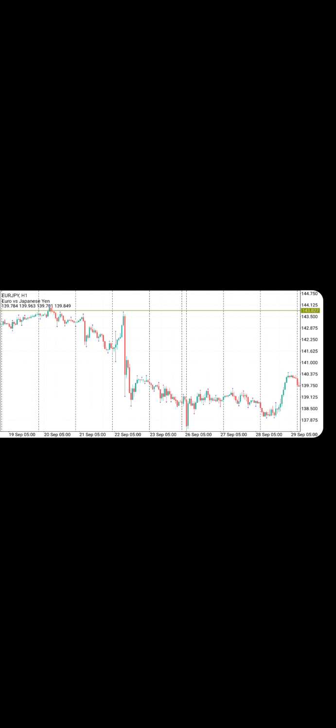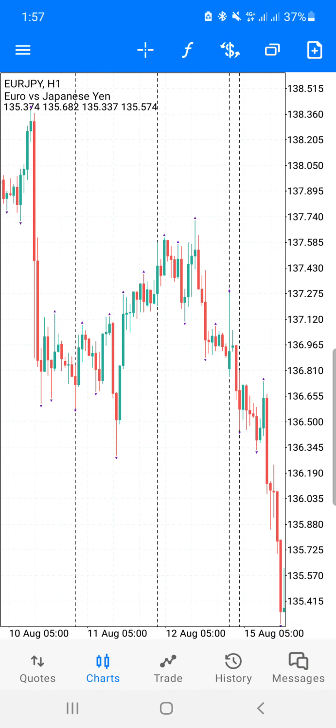So now is to find the pennant. Like I told you before, these patterns don't always occur. They occur once in a while in the market, right? Let's check. We have checked EURJPY.